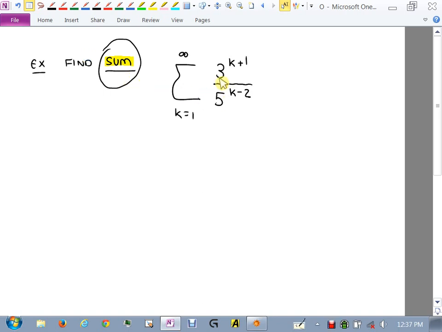Also, because geometric was like r to the k minus 1, and so this looks like that. It has a base and it has an exponent that has k in it. But the problem is I have it on the top and the bottom, don't I? So I'm going to try and make this look like this. So watch me make it happen in the next 3 minutes.